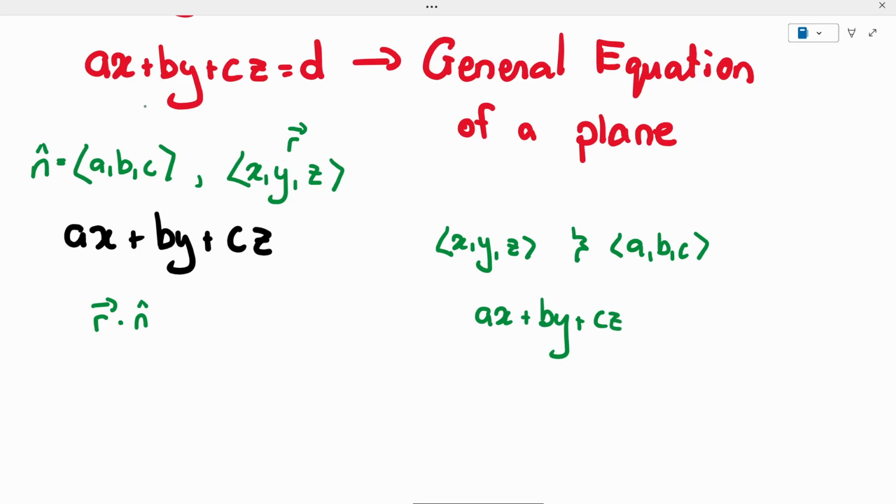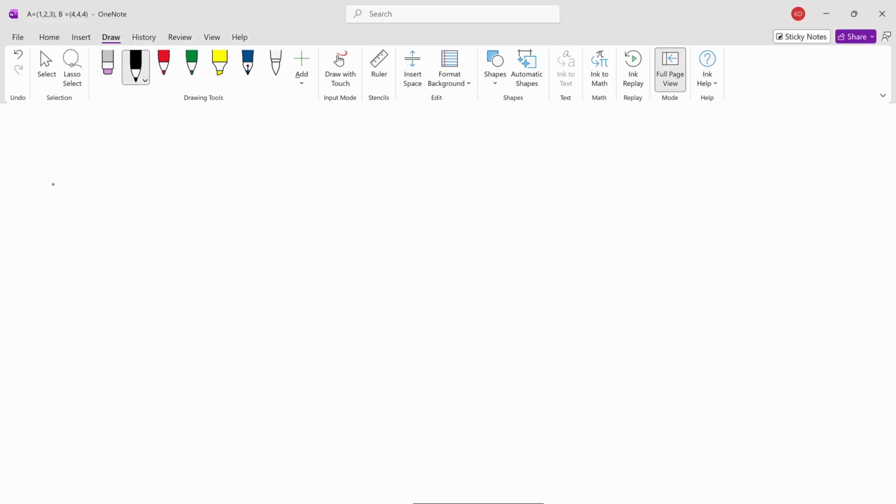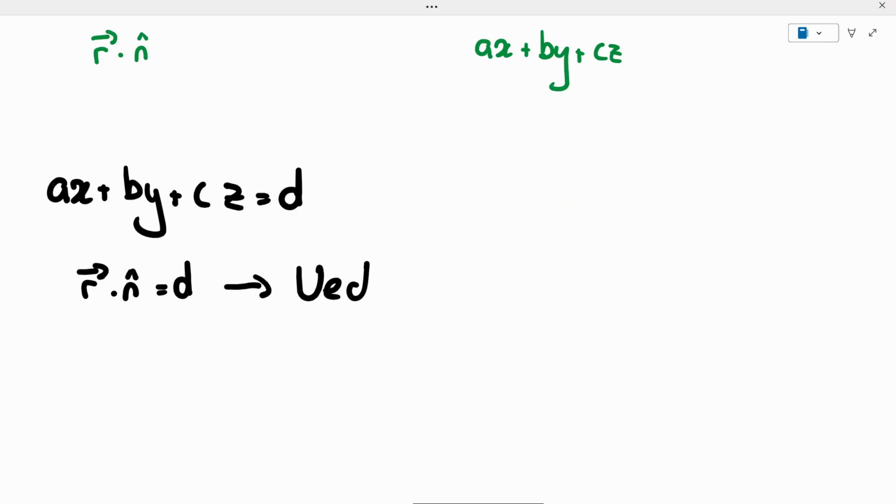So really, we could write the general equation ax plus by plus cz equals d as a dot product between two vectors, which is also known as the vector equation of a plane.